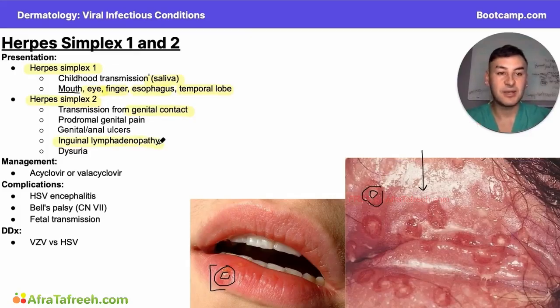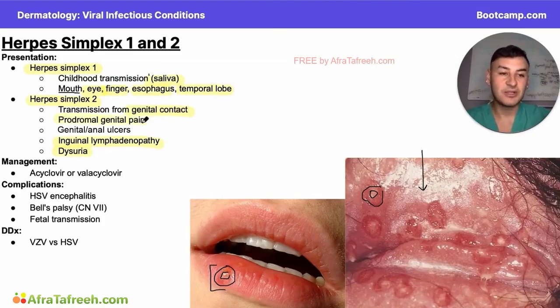So that's going to be an important differentiating factor. If you have inguinal lymphadenopathy, it could be multiple STDs, so you're going to really want to rely on your visual diagnosis to give a diagnosis of HSV2. Additionally, patients can have some dysuria associated with herpes simplex 2 infections, as well as some prodromal genital pain.